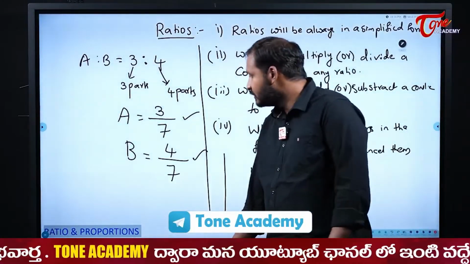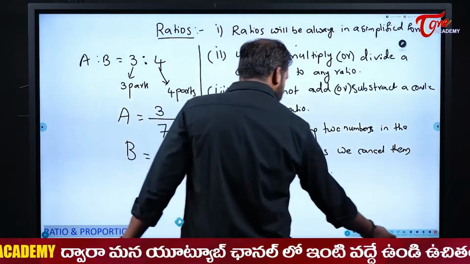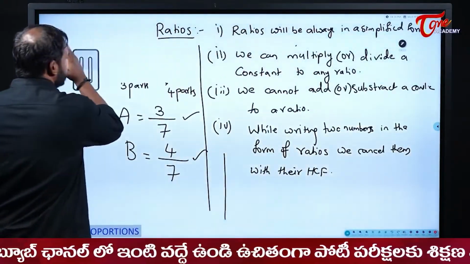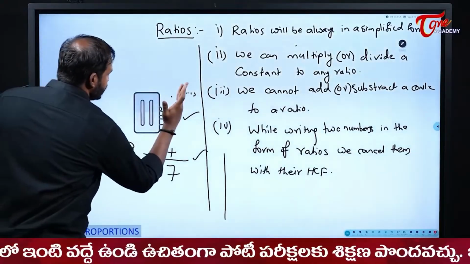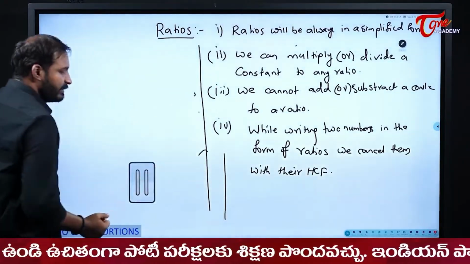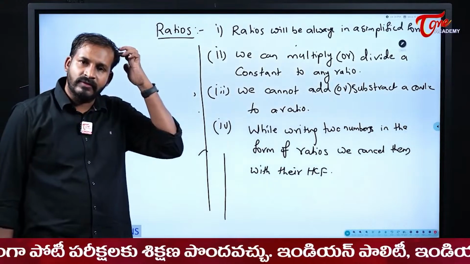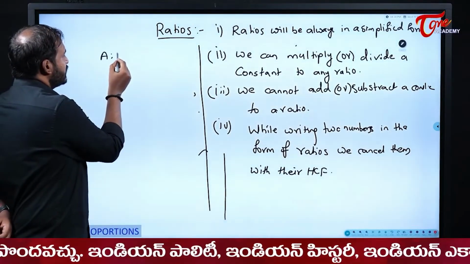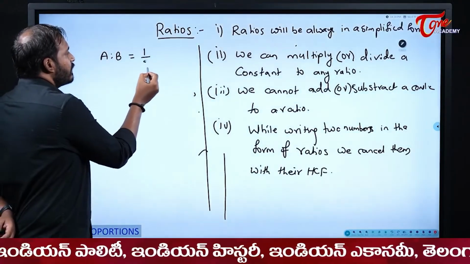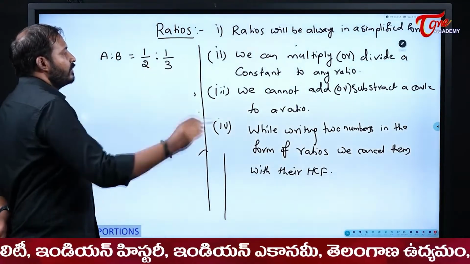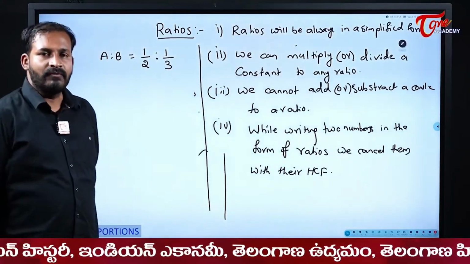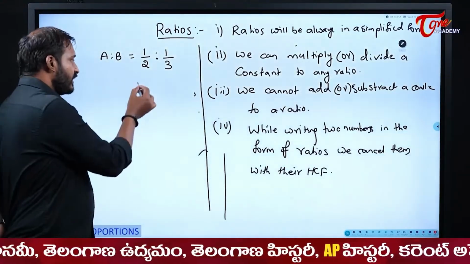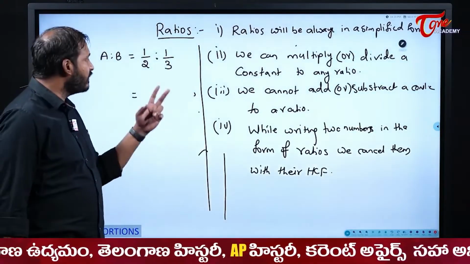Okay, understood? Now, while solving the problems, if you observe carefully, we will come across certain things. Usually the ratios will not be of the form p by q, but for example, if two numbers are in the ratio of 1/2:1/3, then if I want to write it in the general form, instead of this p by q form, I will take the LCM of the denominators.